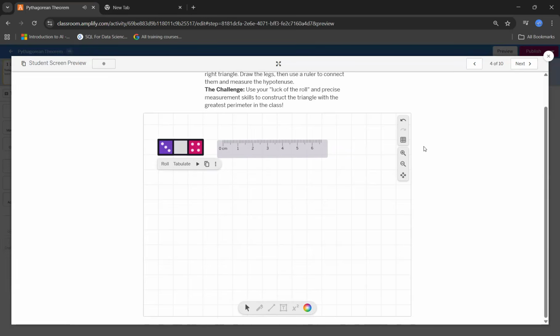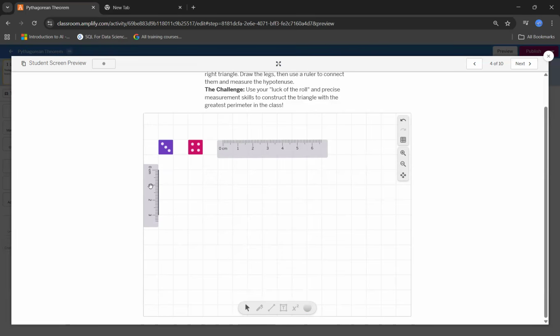We have three and four, which is seven. We have the ruler here. We're going to measure three. As you have noticed, each square unit here measures 1 centimeter. So this is our three.